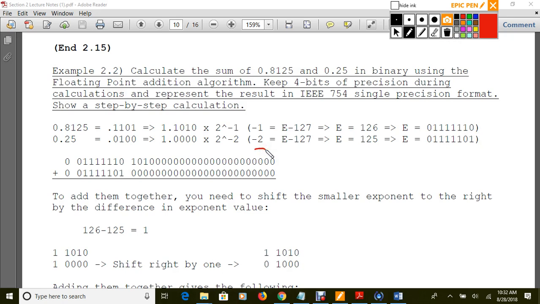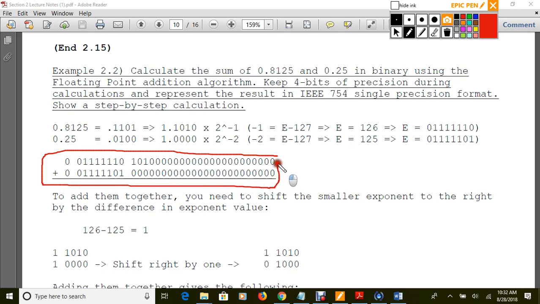For negative 2, E comes out to 125, and you can see that if you know this number is 127: 126 is that number minus 1, subtract 2 and you get 125. So that's where that makes sense. The numbers that would be going physically into the algorithm are these 2 numbers, 0.8125 and 0.25 as represented in IEEE 754 format.